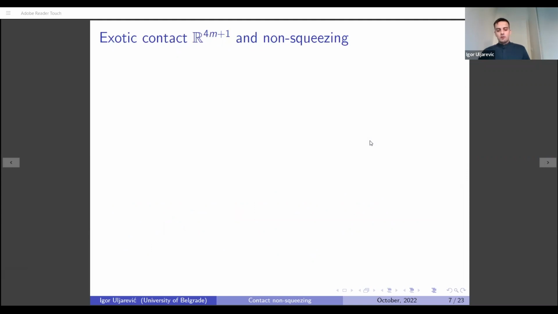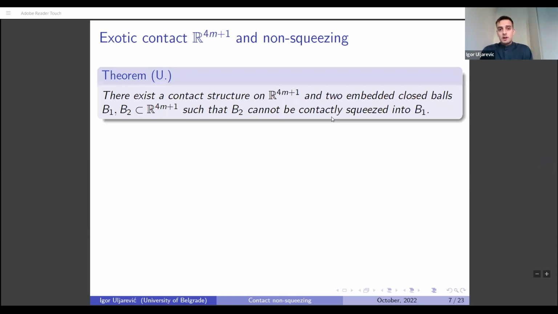By removing a point from a sphere, one gets a Euclidean space R^k. So the previous theorem can be used to prove that there exists an exotic contact structure on R^(4m+1) that exhibits non-trivial contact non-squeezing. And this contact structure is actually a tight contact structure.